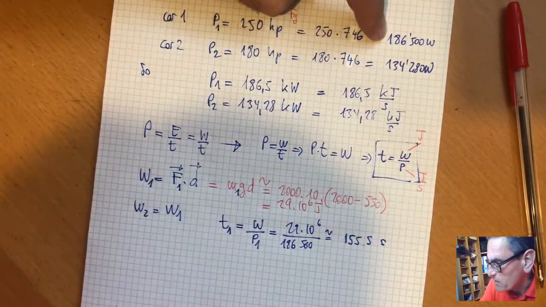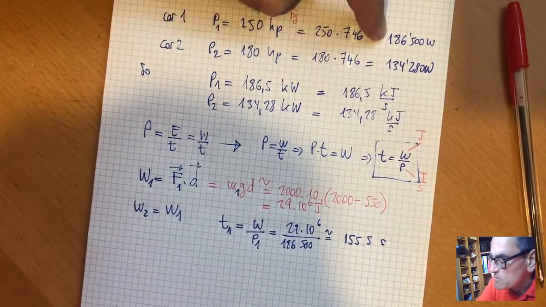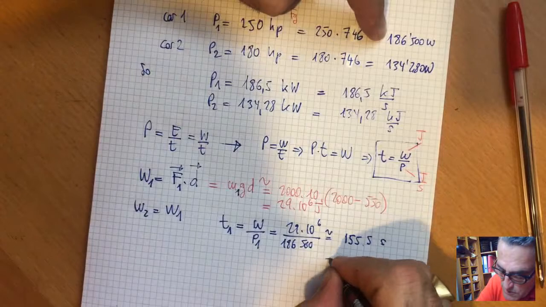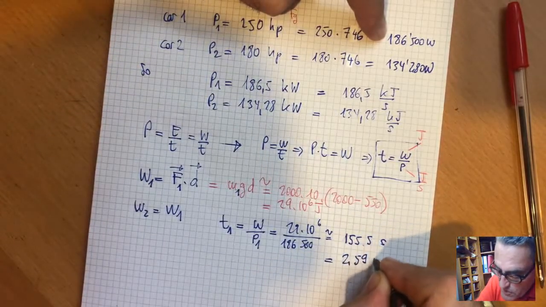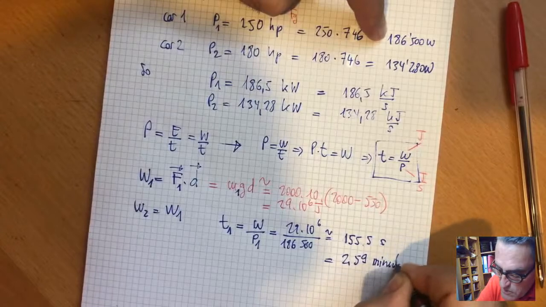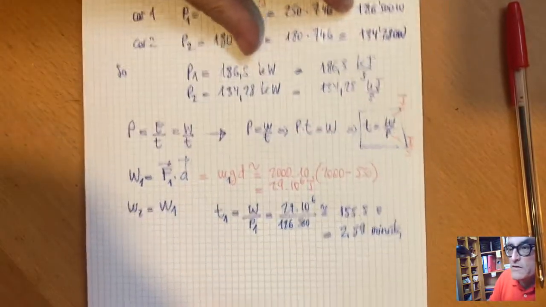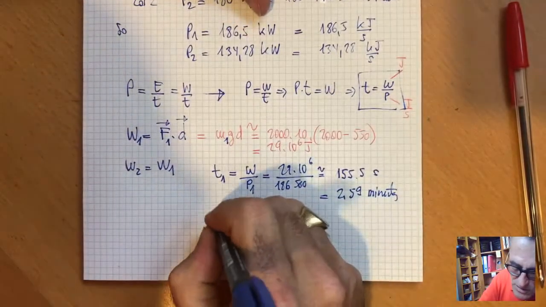And if I divide this by 60, this gives me about 2.59 minutes.